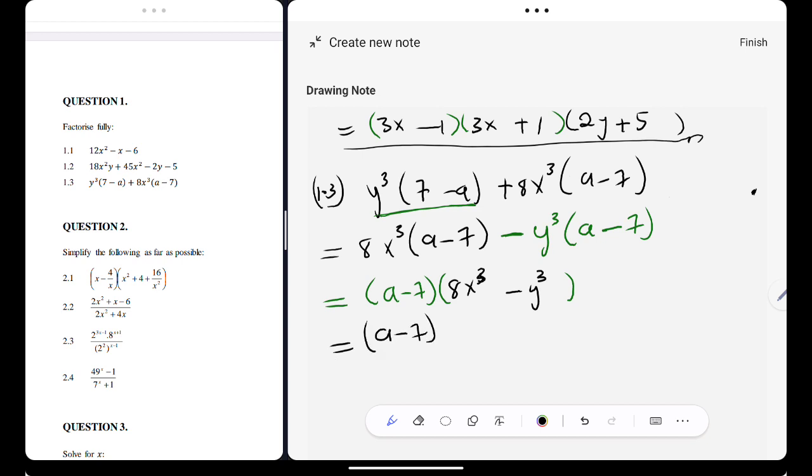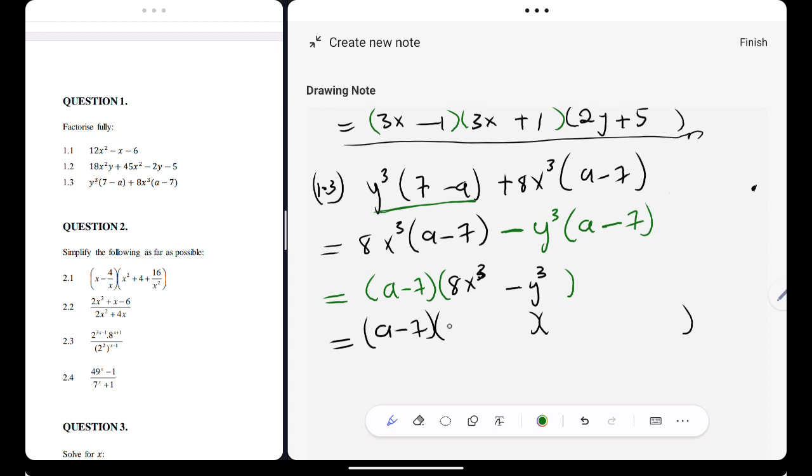This thing can be further factorized. It's a difference of cubes. For the first brackets, what do I need to do? I just need to find the cube roots of 8x cubed. And what is that? It's 2x. The cube root of negative y cubed is minus y.